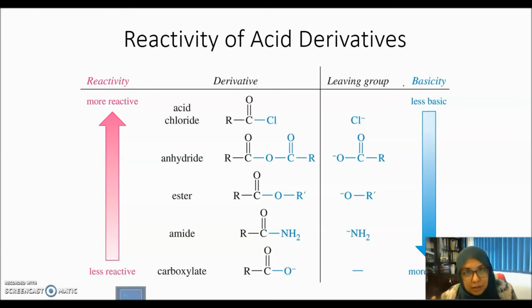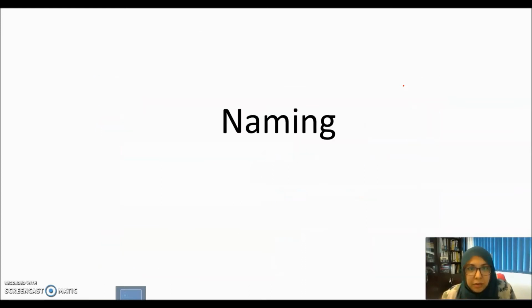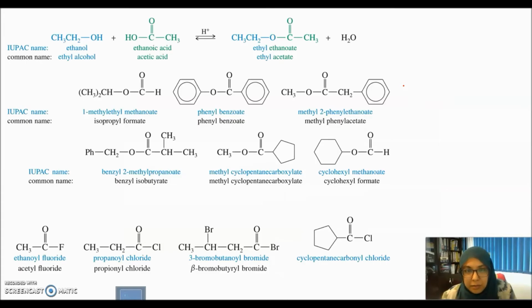If you want to make ester, you choose acid chloride. That means you are going to convert your carboxylic acid to acid chloride first, and then from acid chloride, you are going to do the reaction. And you can see our carboxylate is very low in reactivity. So first, we will learn about the naming.